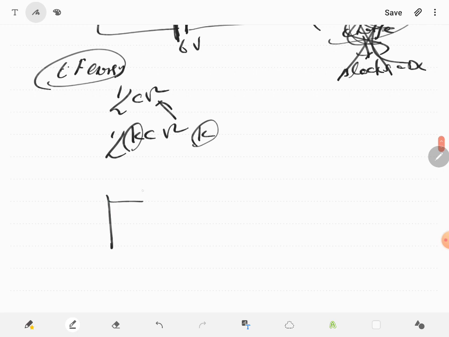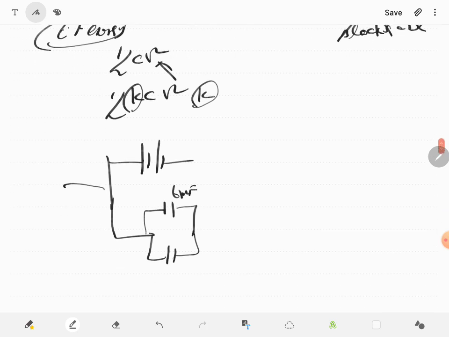You have a battery like this, and it's connected in parallel to two other branches. One has two capacitors of 6 microfarad each in parallel, another is of 12 microfarad. And this one goes to 3 microfarad, and then comes and lands up here.